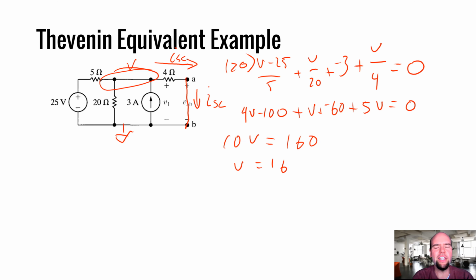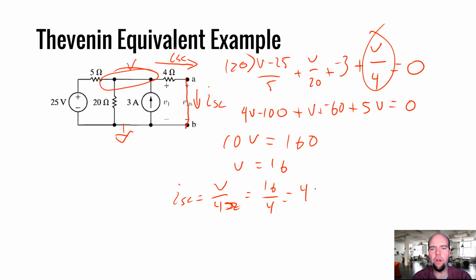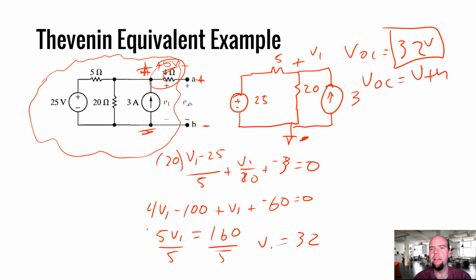So the short circuit current in this case is the current through the 4 ohm resistor. So that current's going to be V over 4 ohms, right? We actually had already written the short circuit current over here. So V over 4 ohms, 16 divided by 4, that is going to be 4 amps. So our short circuit current is 4 amps. And going back, our open circuit voltage was 32 volts.